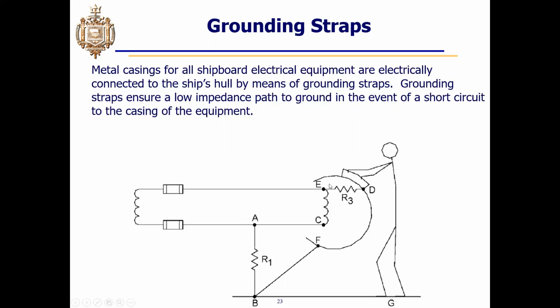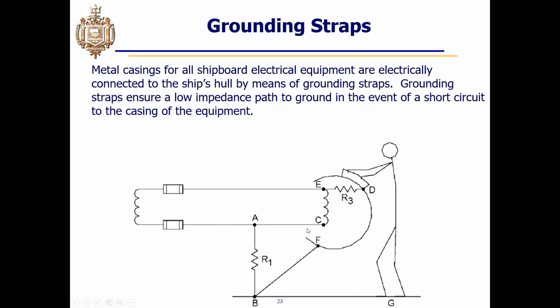Well, if this got submerged or some kind of a short occurred between the windings and the case, and this resistance was very, very low, generally speaking, if there is a grounding strap, this grounding strap provides a short path from this case to the ship's hull. There's definitely not enough power in this circuit to energize the ship's hull.